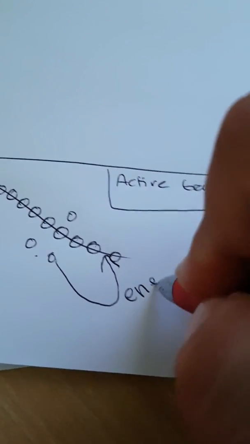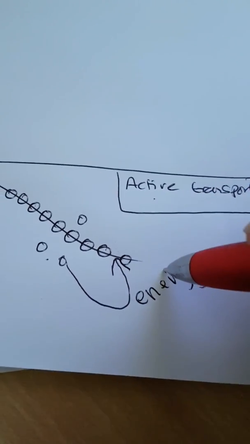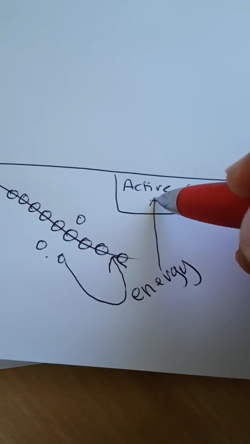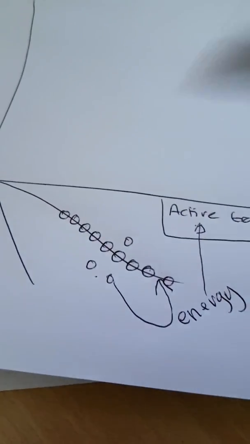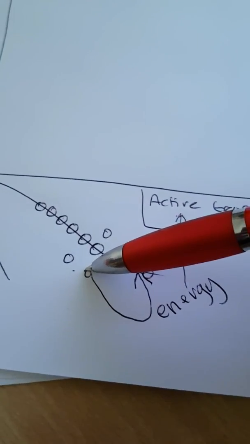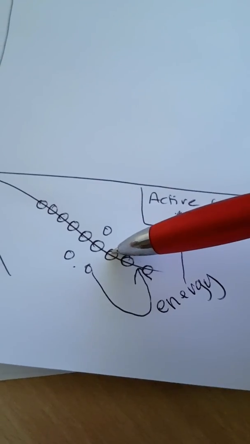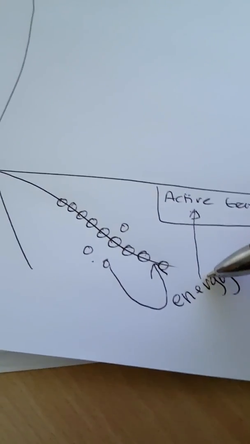So you're going to have some energy in this process, and that's why it's called active, because if you've got something that's active, it's going to need energy. So active transport is the movement of nitrates or phosphates or minerals from a low concentration to a high concentration, and it requires energy. Right, next is transpiration.